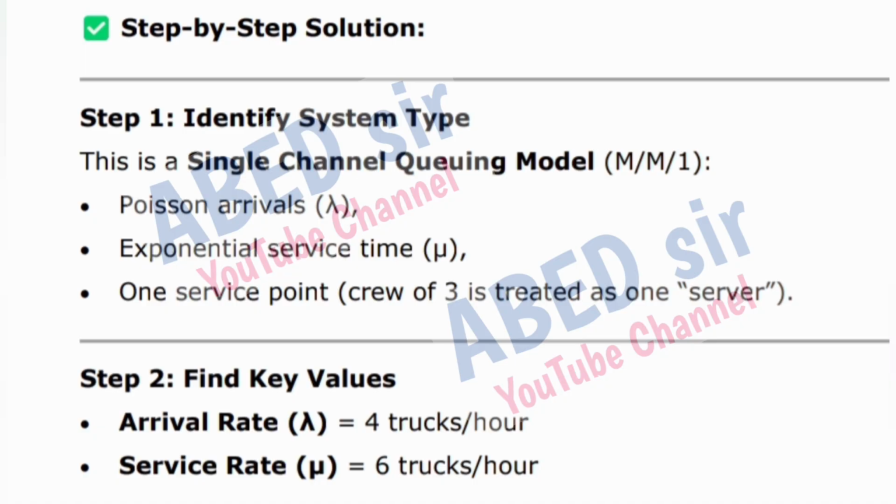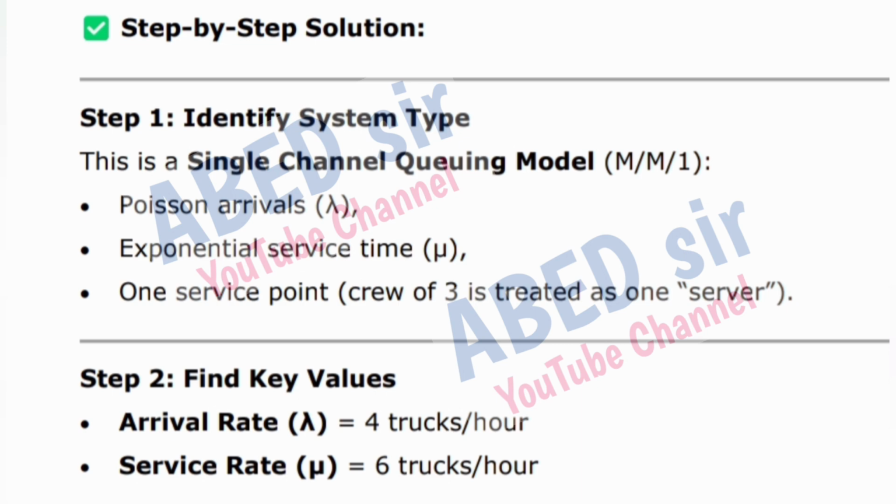Step-by-step solution. Step 1. Identify system type. This is a single-channel queuing model, M/M/1. Poisson arrivals, lambda. Exponential service time, mu. One service point, crew of 3 is treated as one server. Step 2. Find key values.